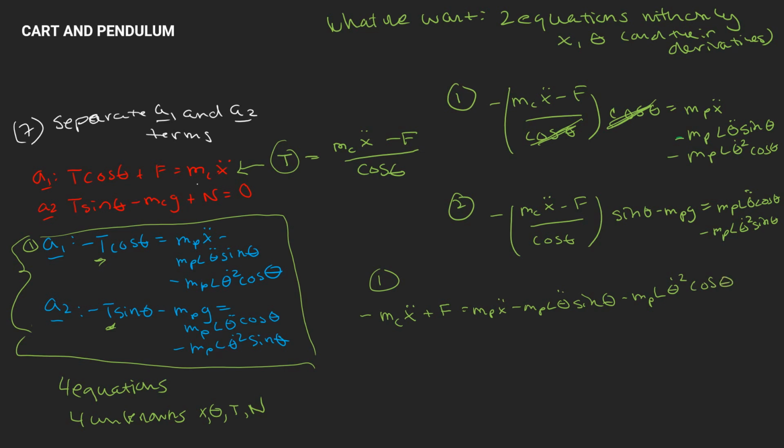And then our second equation, so sine of theta over cosine of theta is actually equal to tan of theta, so we can write this as negative MC x double dot plus F tan of theta minus MP g is equal to MP L theta double dot cosine theta minus MP L theta dot squared sine theta, right? And so that's equation number 2.